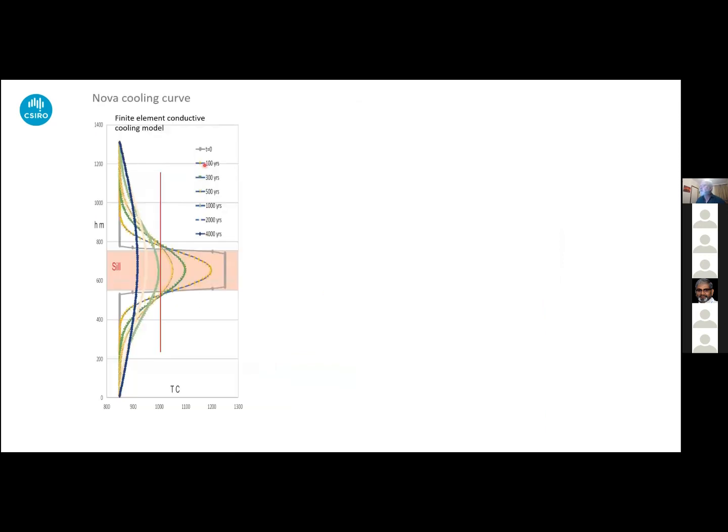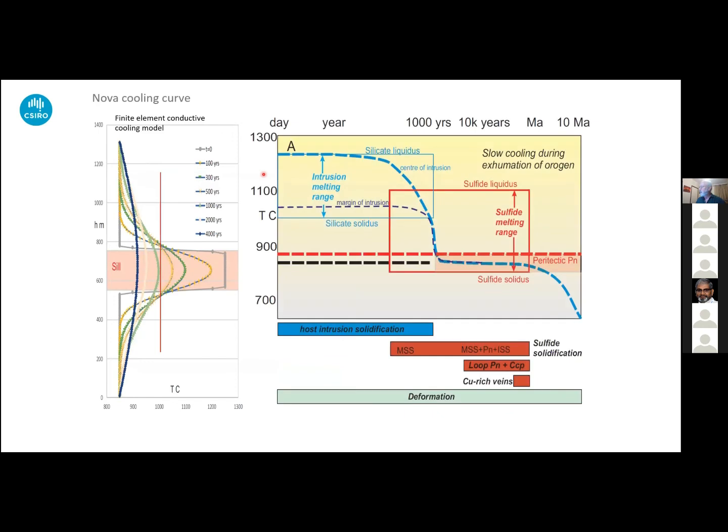There's also an interesting timescale argument here, arising from the fact that the Nova intrusion is emplaced into country rocks which are already very close to their melting temperatures. So this is a temperature versus time plot, and this is a multi-scale logarithmic time plot, going from days, years, out to 10 million years. The intrusion itself is taking somewhere in the order of 1,000 years or so to solidify, but it's only getting down to temperatures which are still within the melting range of the sulfides.